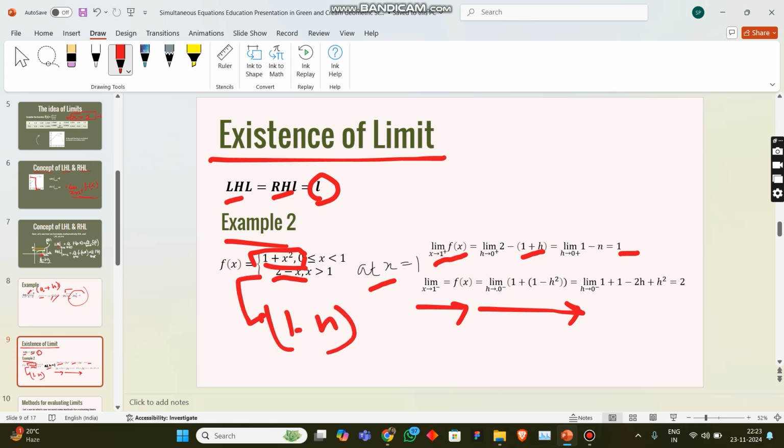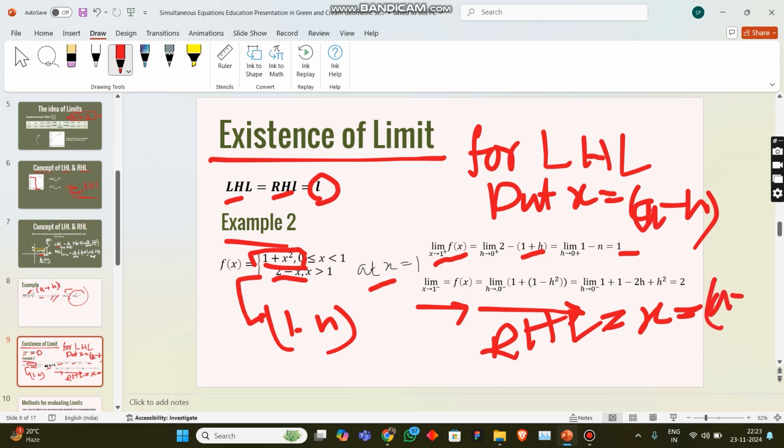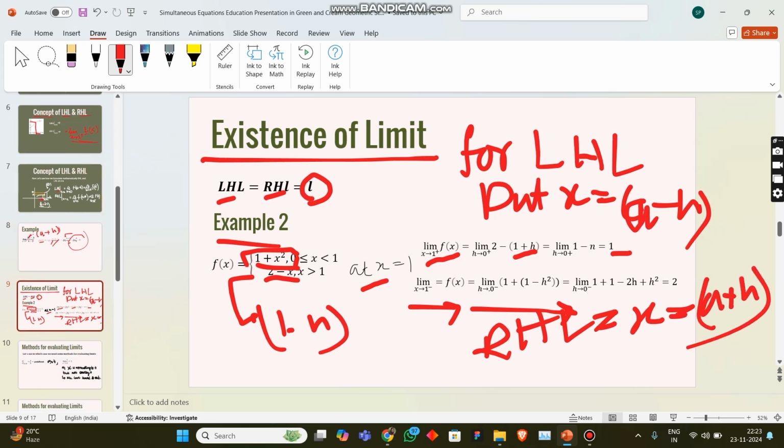For LHL we put x equals 1 minus h, and for RHL we put x equals 1 plus h, or a minus h and a plus h, we can write. That is the key concept. Okay.